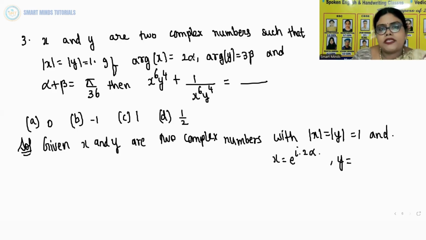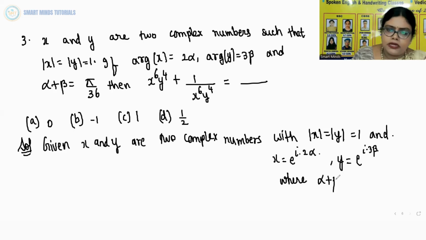Because argument x is 2 alpha, we can write x as e power i into 2 alpha. And because argument y is equal to 3 beta, we can write y as e power i into 3 beta, where alpha plus beta equals pi by 36.